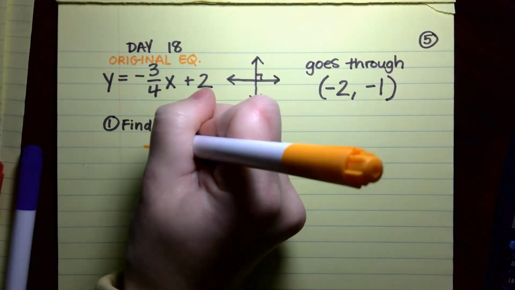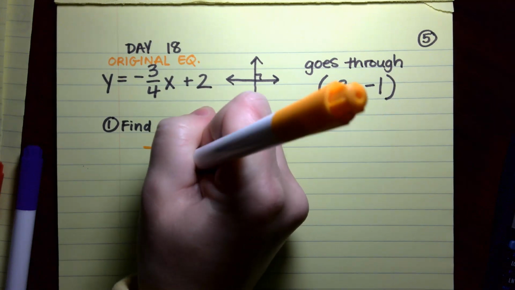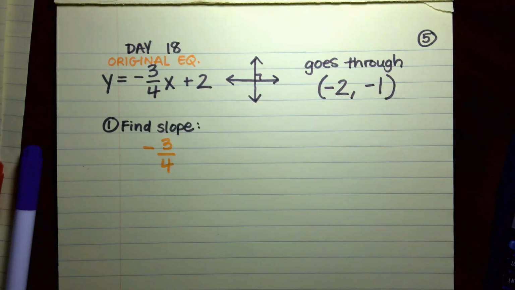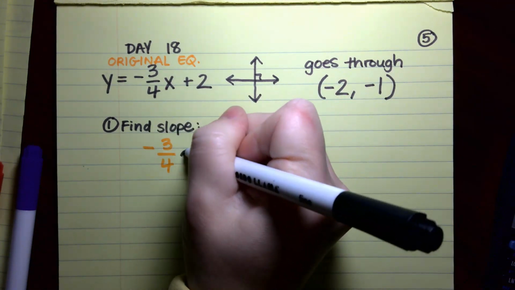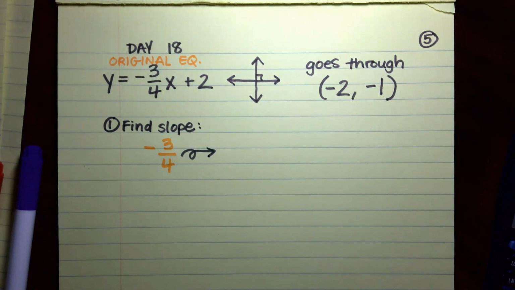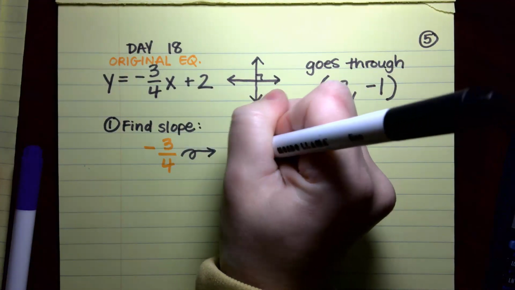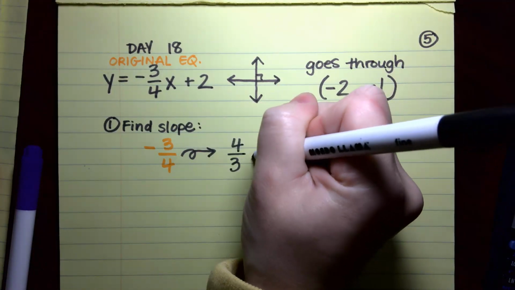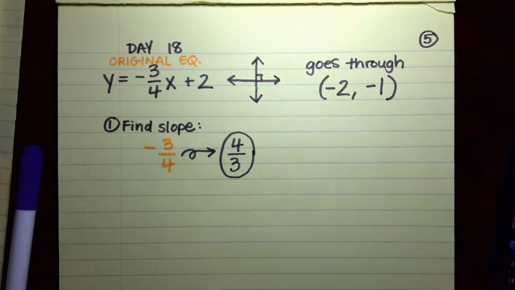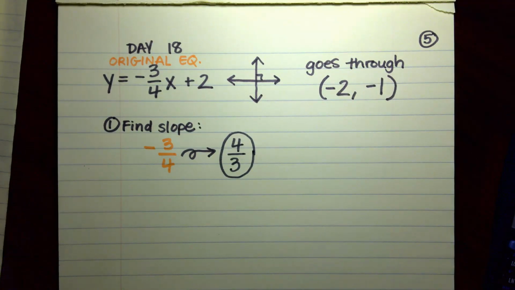That's our original slope. So, to find our new slope, we're going to use what? 4/3. Yes, positive 4/3. We're just getting the negative reciprocal. That is our new slope.